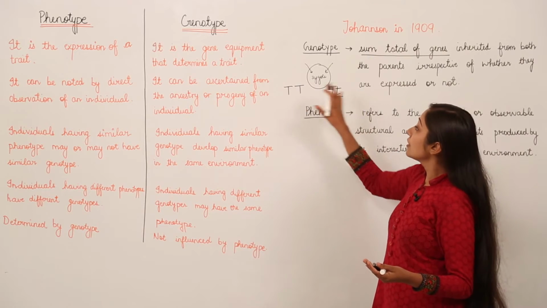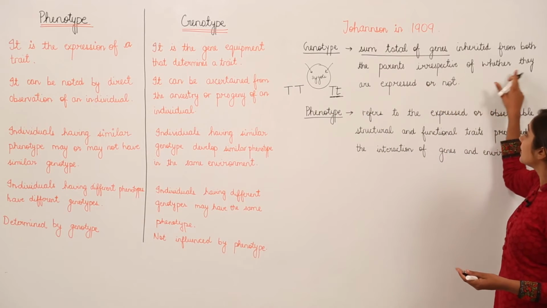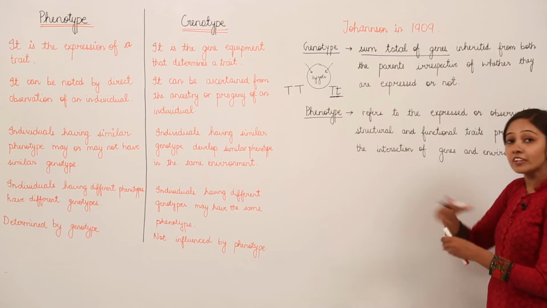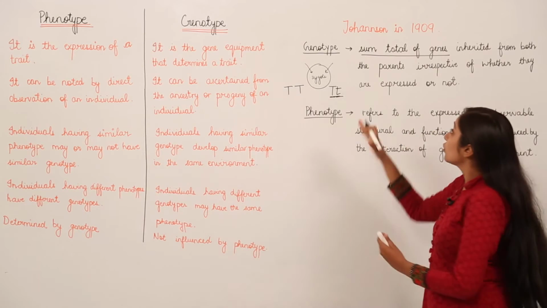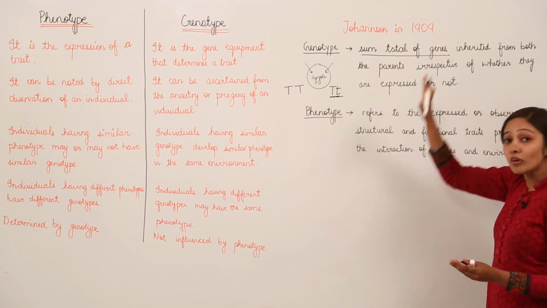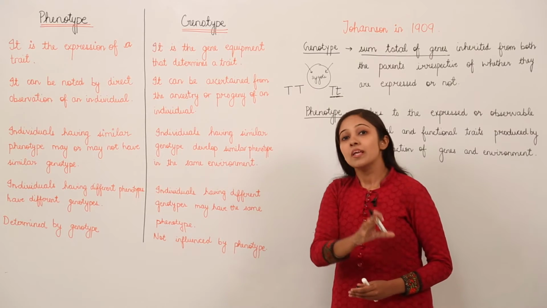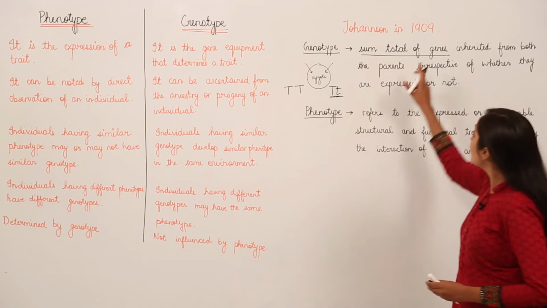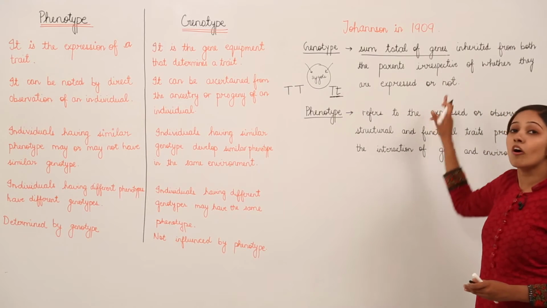You will only have a tall pea plant in both the cases. So this is irrespective of whether they are expressed or not. Genotype is the sum total of genes inherited from both the parents, like during fertilization we have genes from mother and from father, irrespective of whether they are expressed or not.